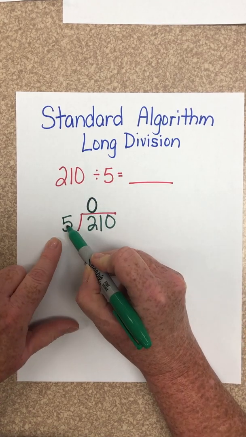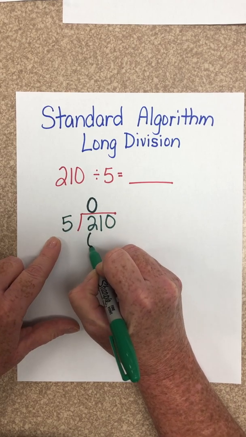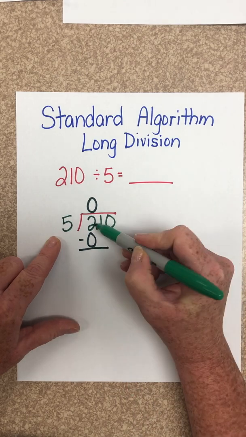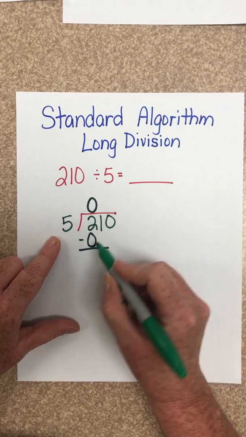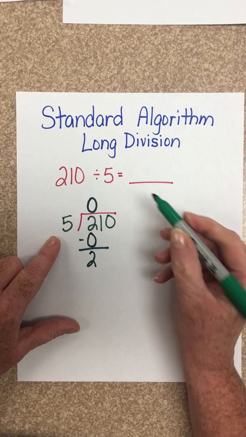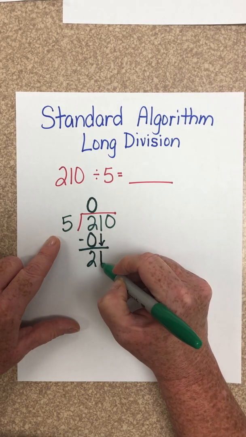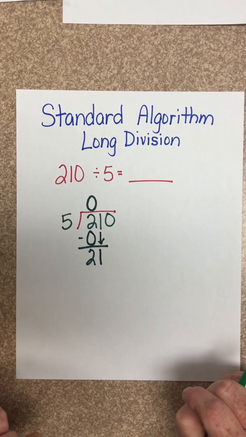0 times 5 is 0. And now we subtract. 2 minus 0 is 2. Then we bring that next number down into place. And now we have 21.